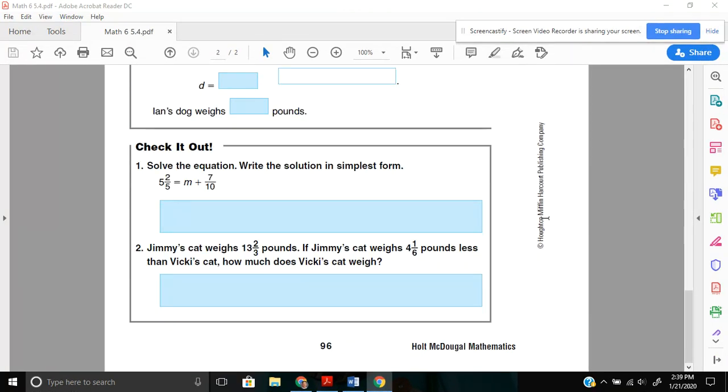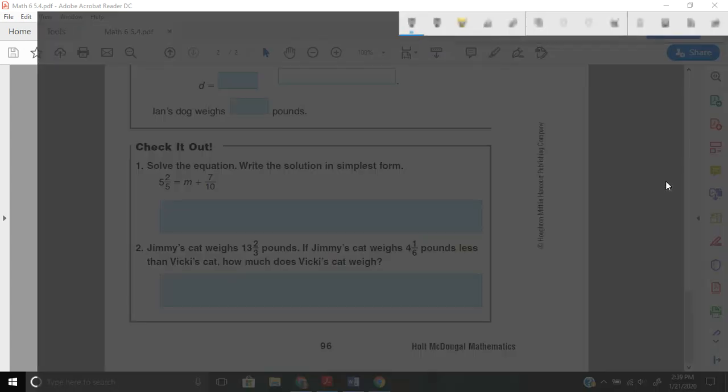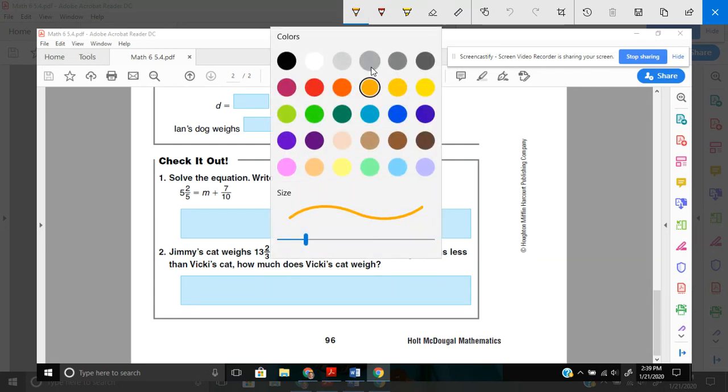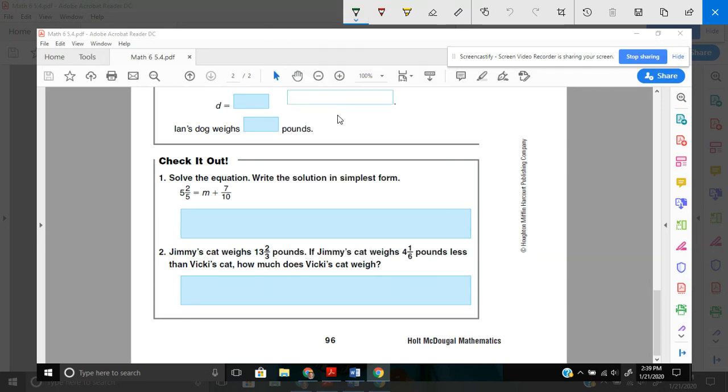Right, go ahead and pause for the last two problems and check it out for 1 and 2 here, and see how you do. All right, number 1, you'd have to subtract 7/10 from both sides. So hopefully you saw that your answer is getting smaller.